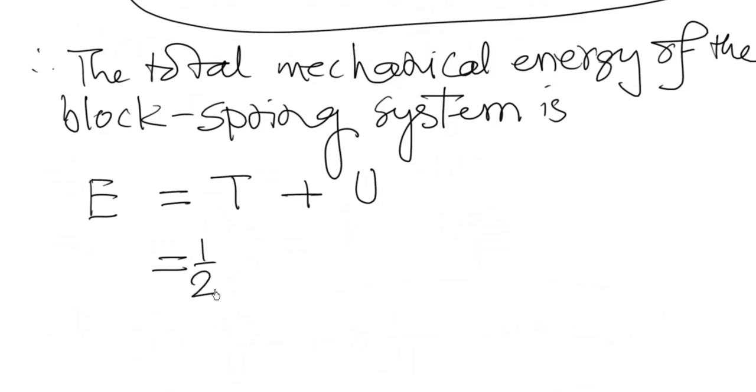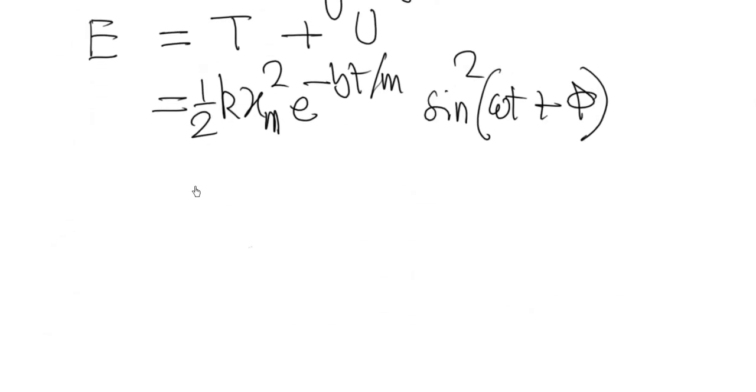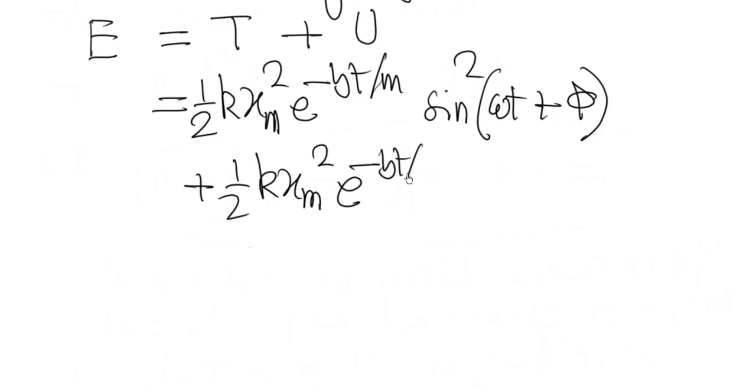Kinetic energy was half k x_m square e to the power minus bt by m, it was sine square(omega t plus phi), and the potential energy U is half k x_m square e to the power minus bt by m, and it is cos square.